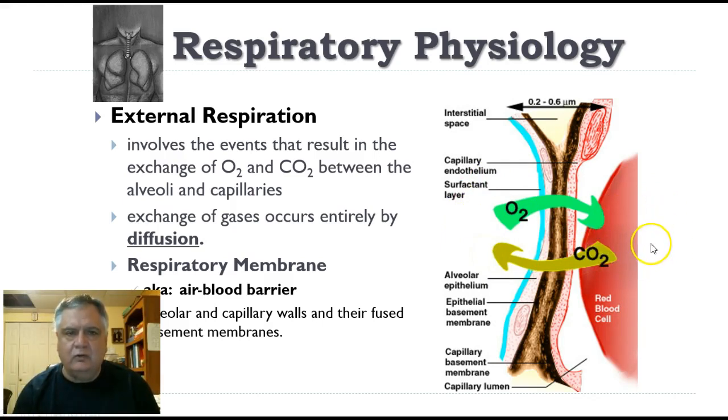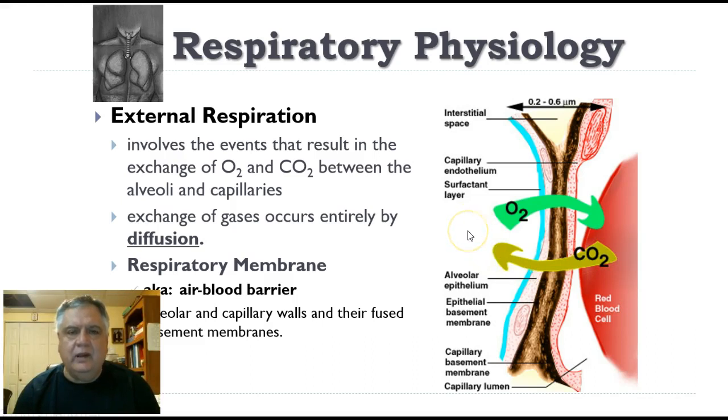It's going to have a lower concentration of oxygen. So the oxygen is going to diffuse across the respiratory membrane into the capillary bed and eventually into the red blood cell. On the other hand, when the red blood cell comes back into the capillary bed from all the body tissues, you think about it, it's going to have been picking up carbon dioxide from those tissues, so it's going to be loaded with carbon dioxide.